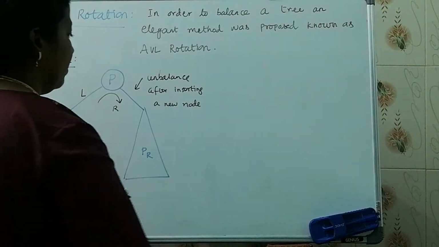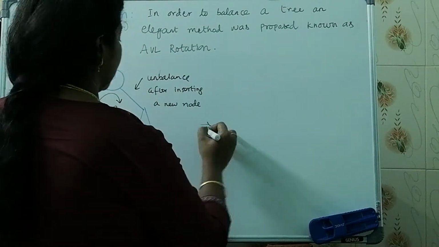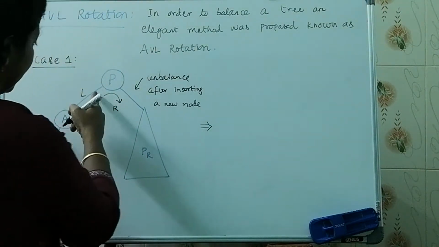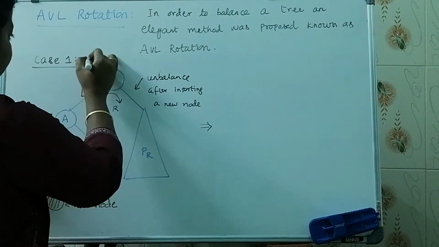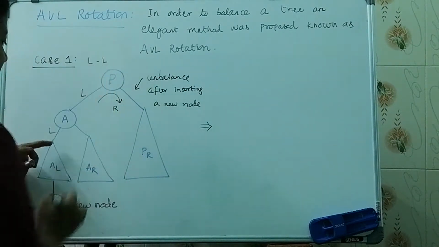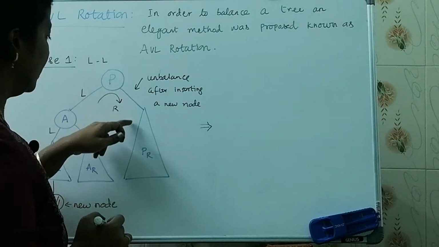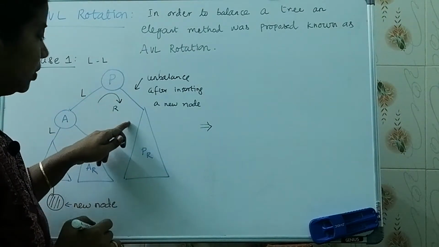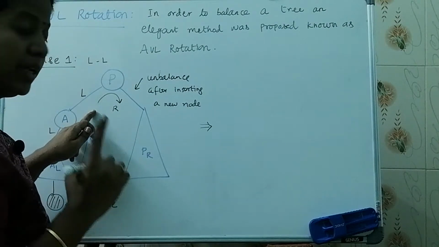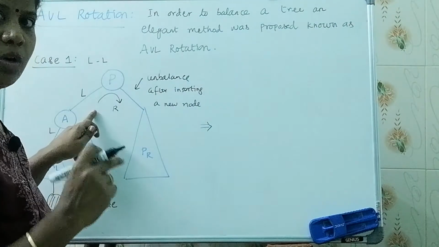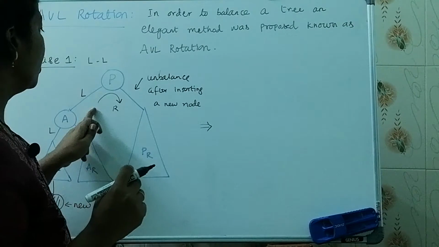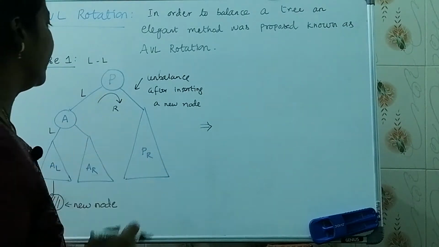Case 1 says that insertion happens to the left of an AVL tree. Then we have to rotate this tree in the right direction. We have to apply only one rotation, which is called a single rotation. Rotate this tree in the right direction.